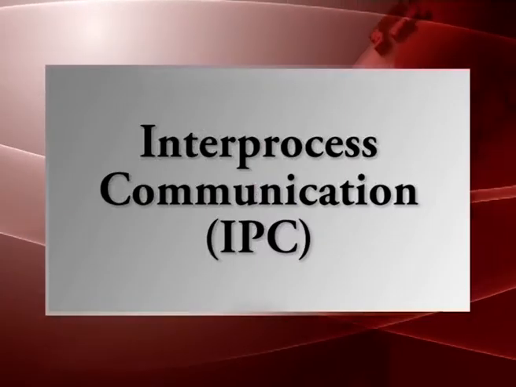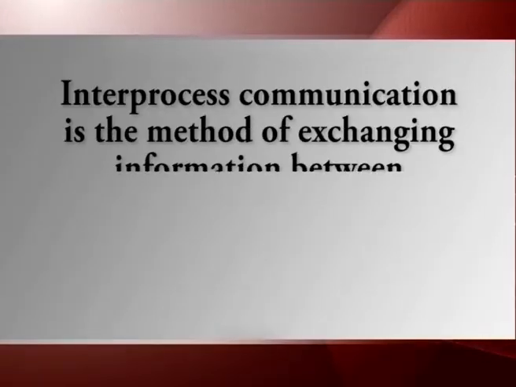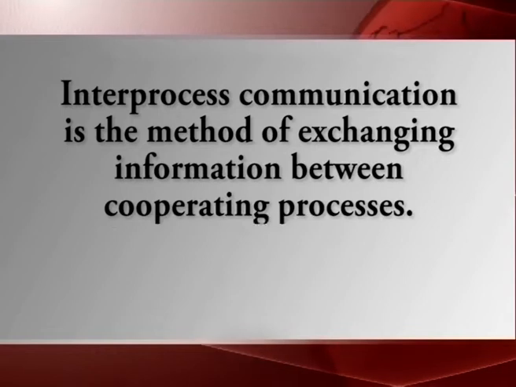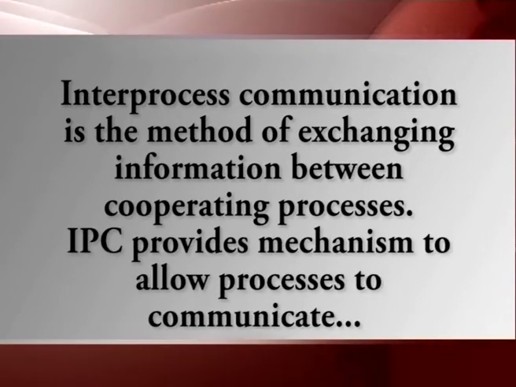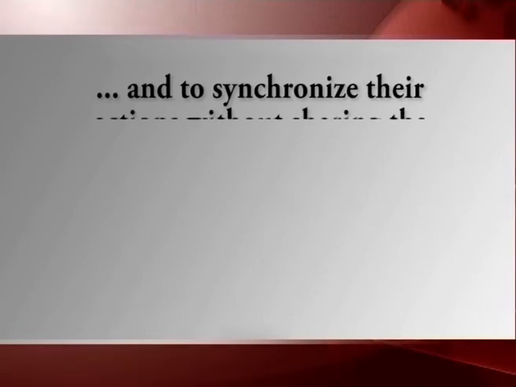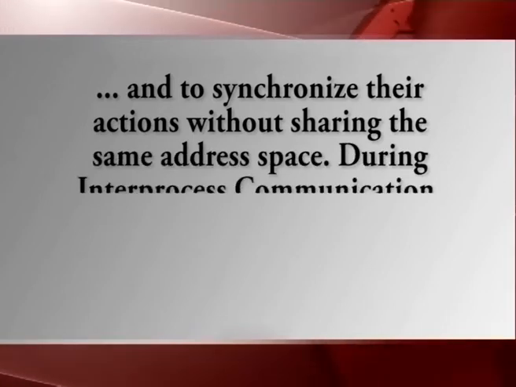Inter-process communication is the method of exchanging information between cooperating processes. IPC provides a mechanism to allow processes to communicate and to synchronize their actions without sharing the same address space.